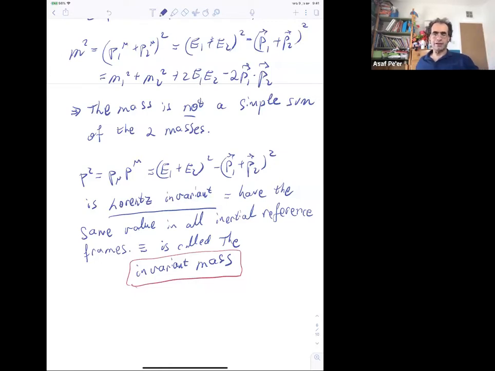So mass is not like that. It's an invariant, but it's not conserved. Momentum, for example, is not invariant. If you look at the components of the momentum in different frames, they have different components, but it is conserved in any interaction. All right, you with me?